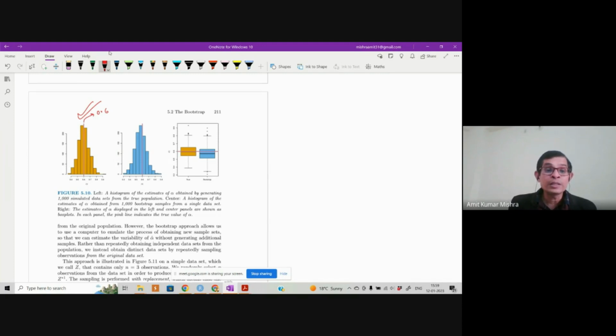So you can see it is approximately normal, as we know from the theory, and centered around 0.6, which was the true value. And if you focus upon this box plot, this line is actually the true value, and the median is almost on the true value, and the distribution is almost symmetric, so the mean will also be there.